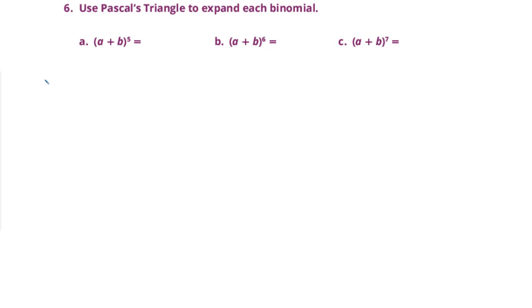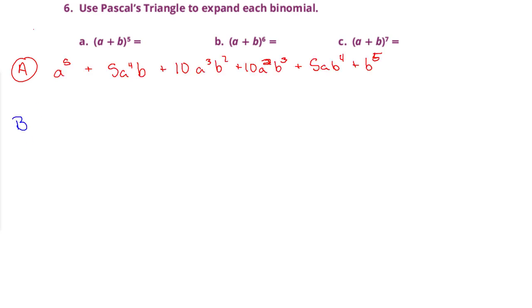These two, B and C, are from the rows we created. A is from the last row we created. See if you can find what the expansion is going to be. Check your answer for A.